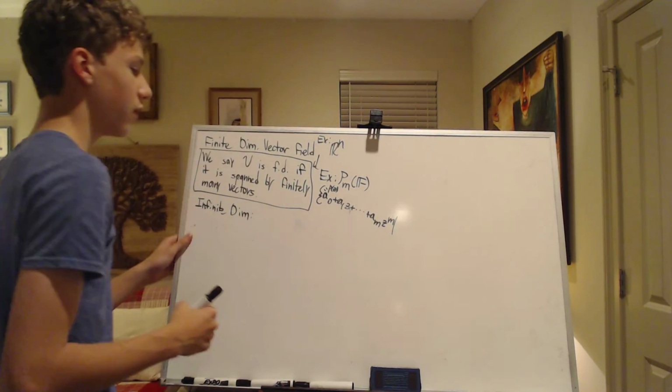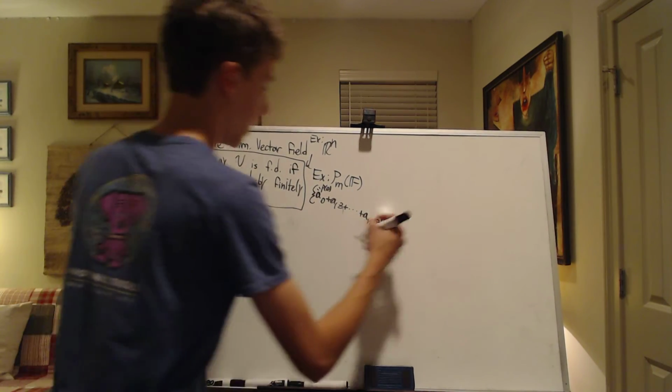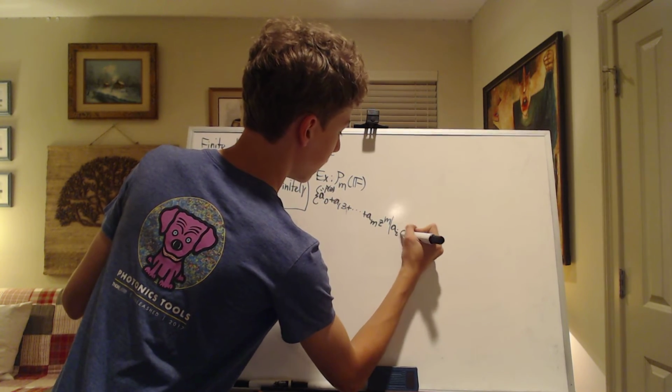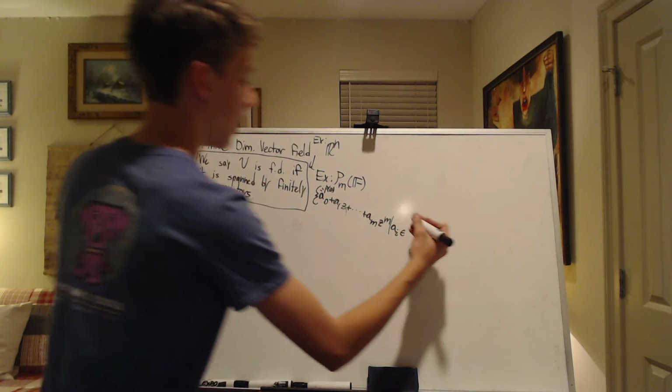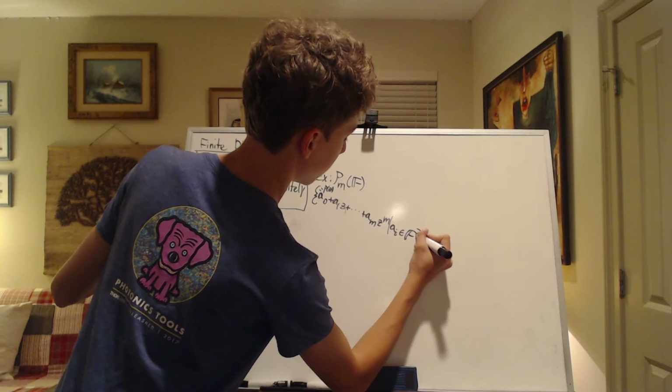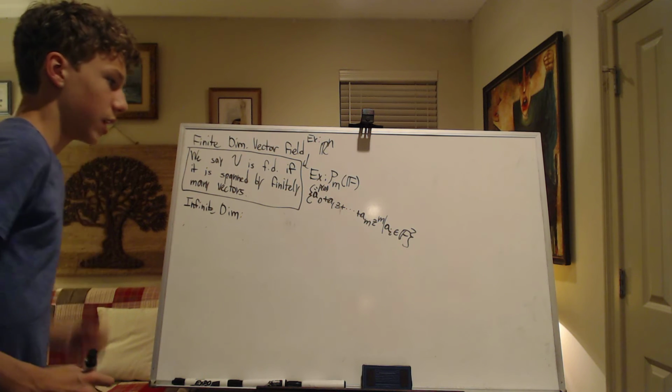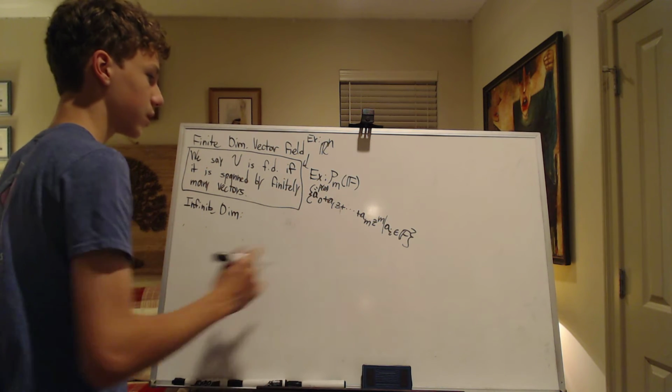So the set of all polynomials of degree less than or equal to m, such that all ai are in the field F, right? So that's what we're looking at. This is clearly finite dimensional.